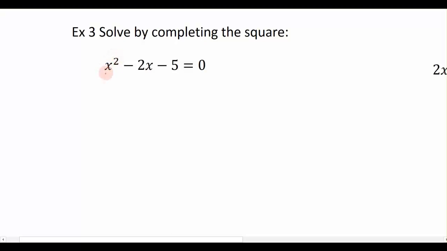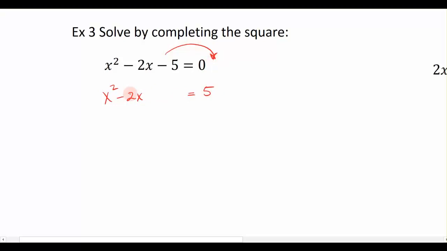Next is my c term, this negative 5. I want to move it over to the right-hand side, leaving me with just these two terms on the left. So we're going to rewrite this as x squared minus 2x, and I'm going to leave a big blank spot there, is equal to 5, because I took 5 and added it to the right-hand side.